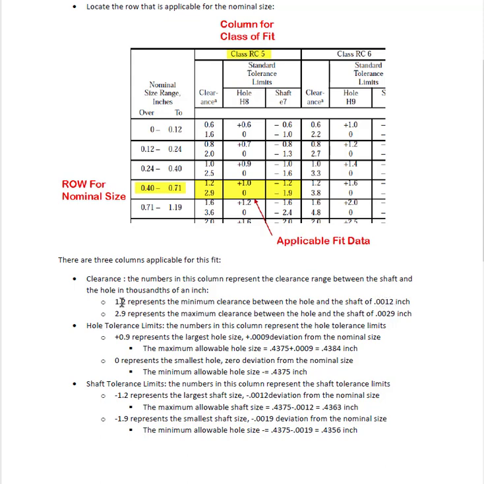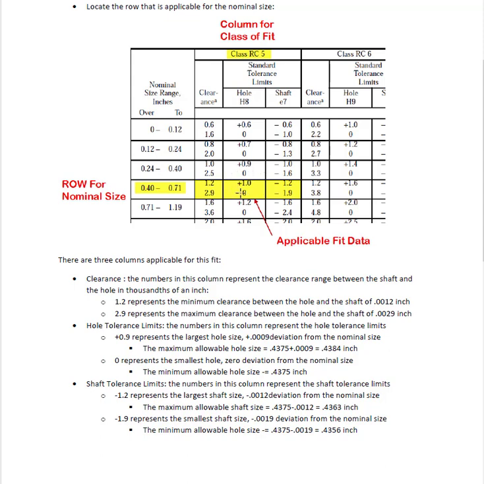Okay, so when we see 1.2, we assume that the decimal place is 3 places over. Okay, so that means our clearance on our fits between these two parts is going to be 0.0012 to 0.0029.